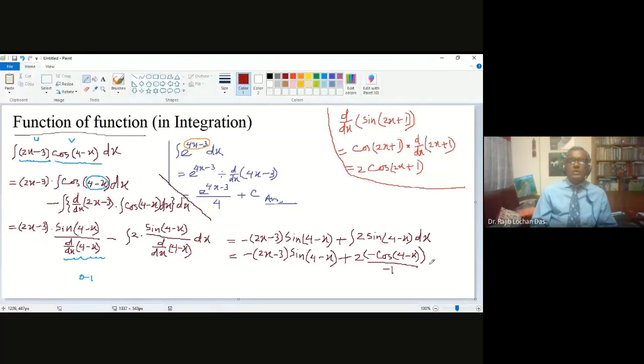So now integration is complete. So you can put plus c, and then you write the last line, minus 2x minus 3 and sin 4 minus x, and then minus minus cancel. So there will be plus 2 cos 4 minus x, and then plus c.